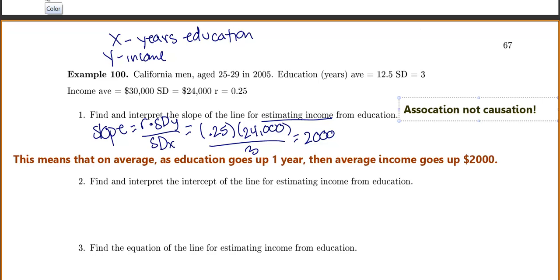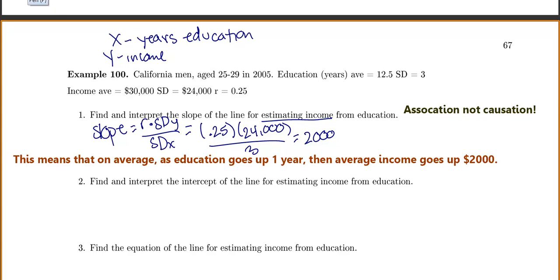So on average, if you get an extra year of education, then your average income goes up by $2,000. This doesn't mean that you specifically will have an extra $2,000 of income if you go to school another year. But on average, this is what we predict.